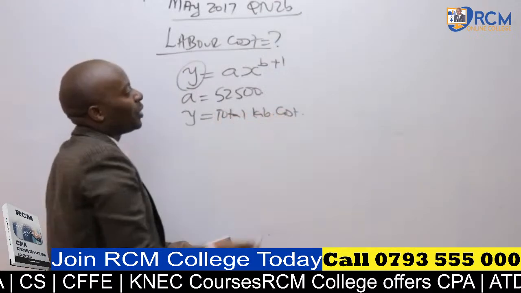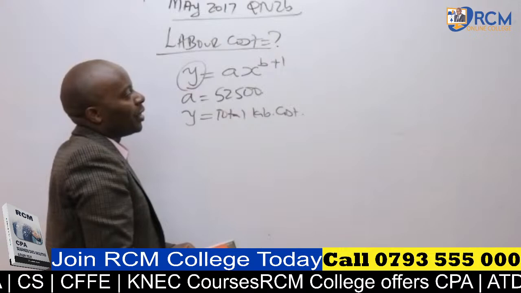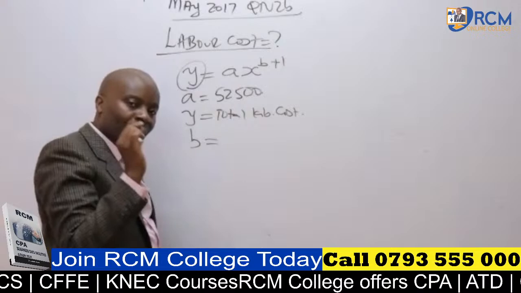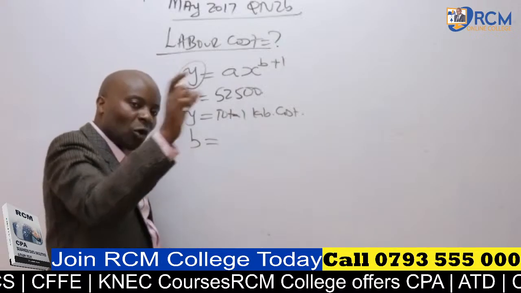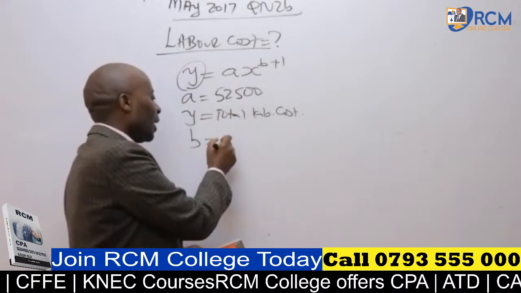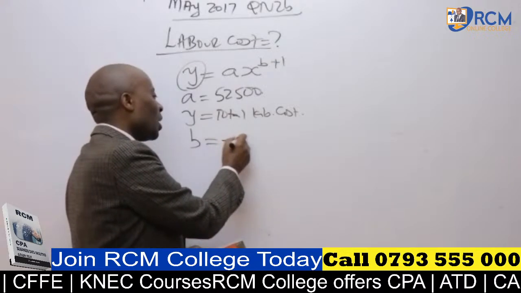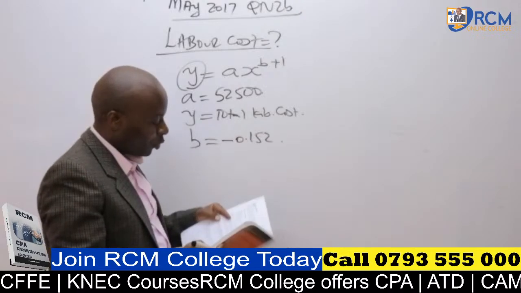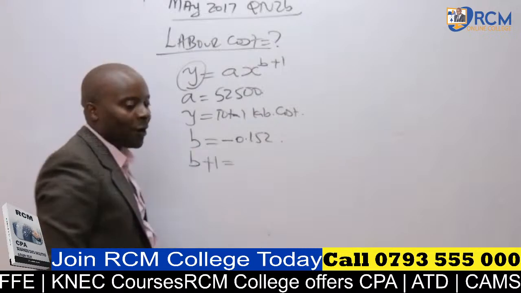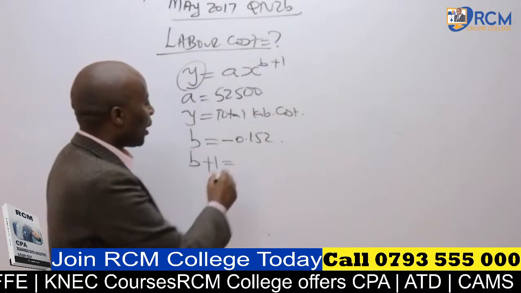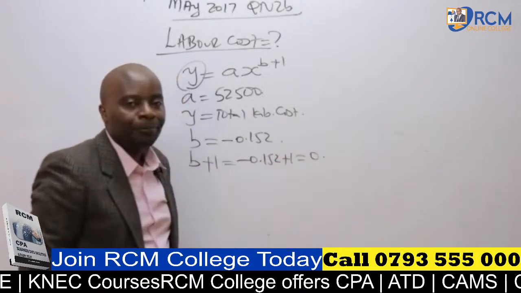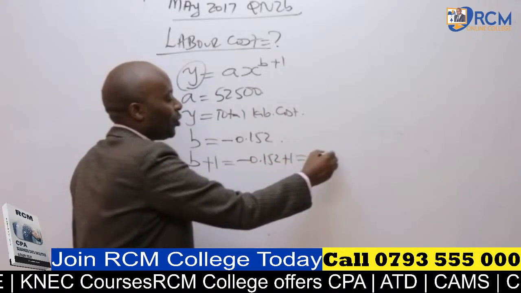And then of course we know X is the cumulative output. We know B is the learning index, whose value will always be ascertained by us taking log R divided by log 2. But they gave us this value automatically as negative 0.152. So the next thing will be for me to get B plus 1, where B plus 1 will be minus 0.152 plus 1, which will give me 0.848.